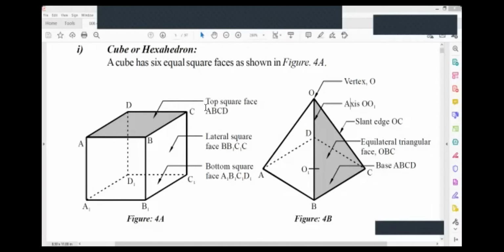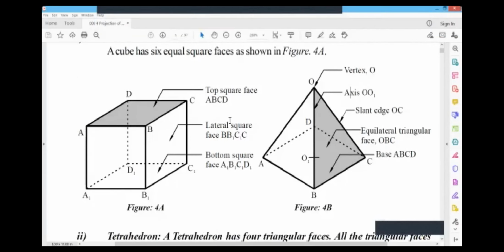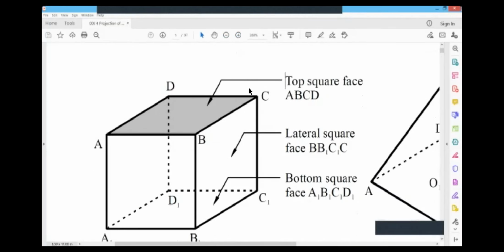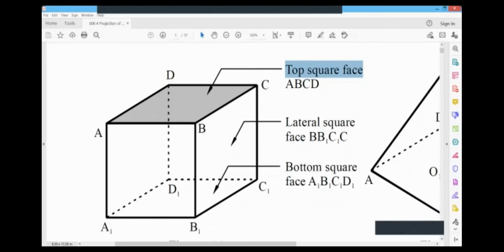As you are seeing, for a cube, this is the top surface. I give the names capital A, B, C, D for the square surface, and similarly, below where A is, I name it A1, which is associated with the corner on the bottom square, that is, the base square.